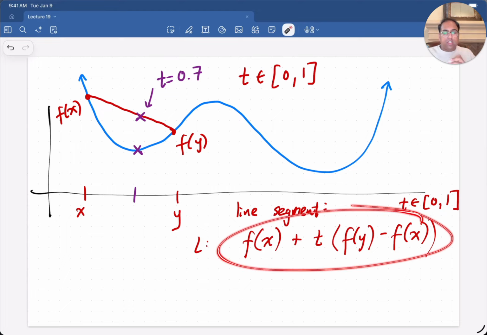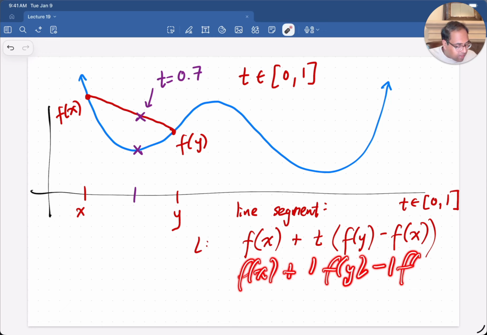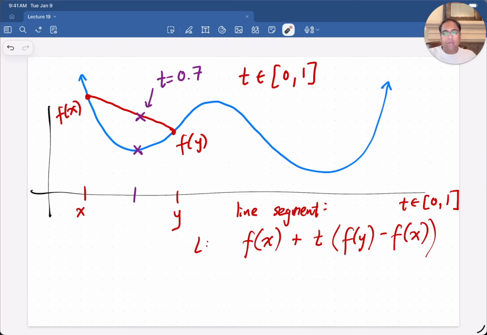This parametric description matches the intuitive sort of introduction I gave earlier, where if t is equal to 0, well then you don't look at this and your output is just f of x. And if t is equal to 1, well then you have f of x plus 1 times f of y minus 1 times f of x, and then the f of x's go away and you're left with just f of y. Okay, so this looks like a parametric version of the line segment.